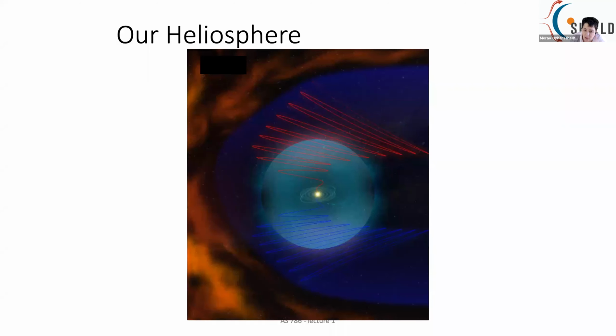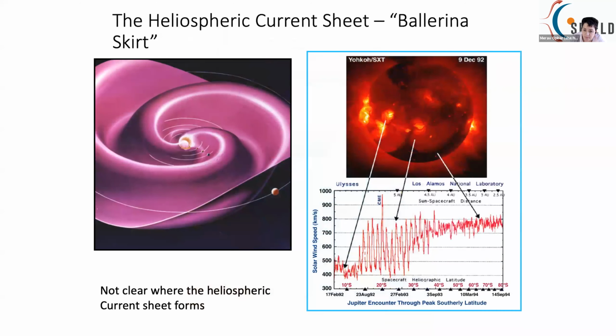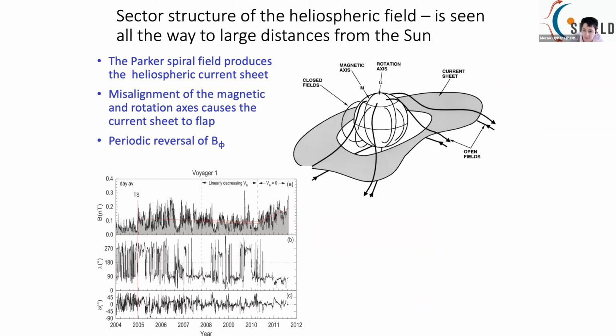One of the critical questions that we want to answer is how the magnetic field gets carried to the large distances from the sun. And you are all familiar with the heliospheric current sheet, or the ballerina skirt. One question I'm going to skip, but I just want you to remember it, and if we have time in the second part, we can come back to it.